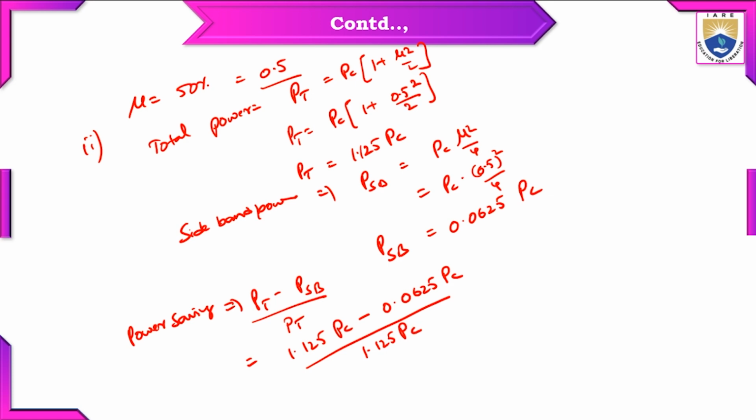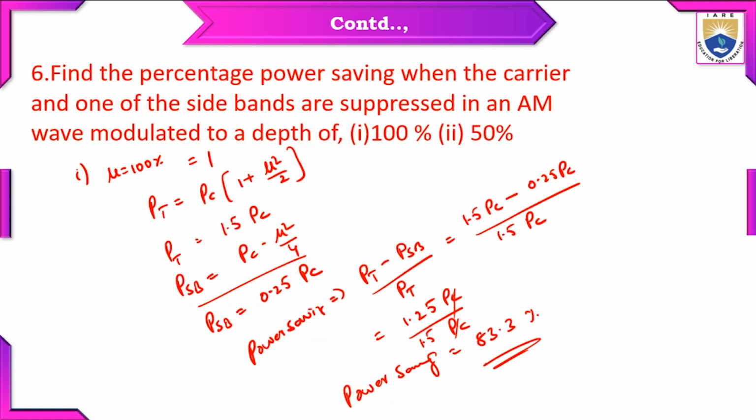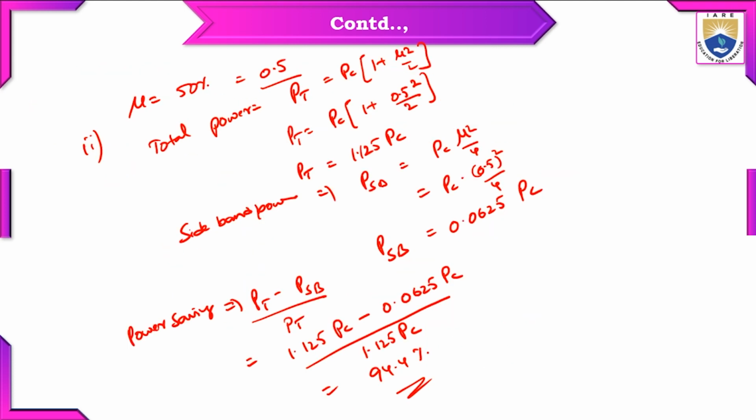Using a calculator, you can calculate the output of this sum. The answer is 94.4%. So this much power is going to be saved. For the first bit it is 83.3% and for the second bit it is 94.4%.